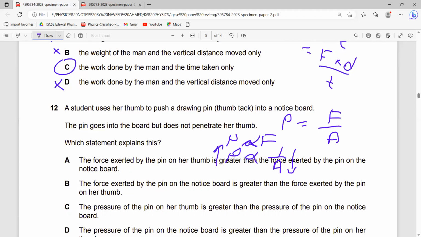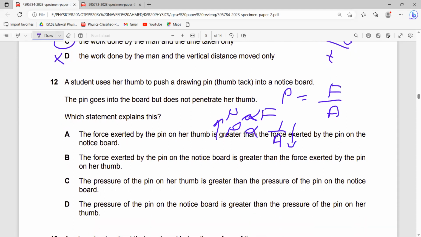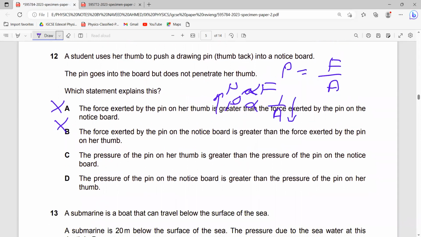Now see option A: the force exerted by the pin on her thumb is greater than the force exerted by the pin on the notice board. No, here we are seeing the pressure, so force is not the concern. Next, the pressure of the pin on the thumb is greater than the pressure at the pin.